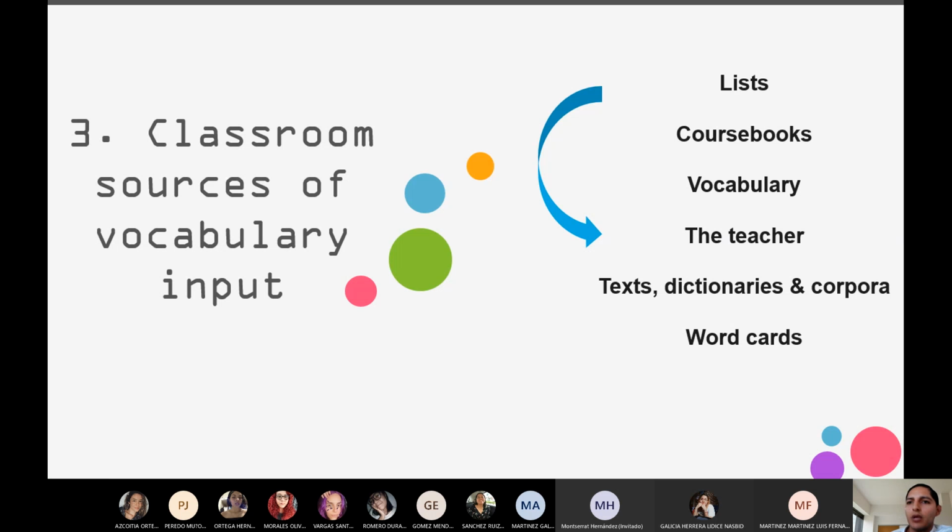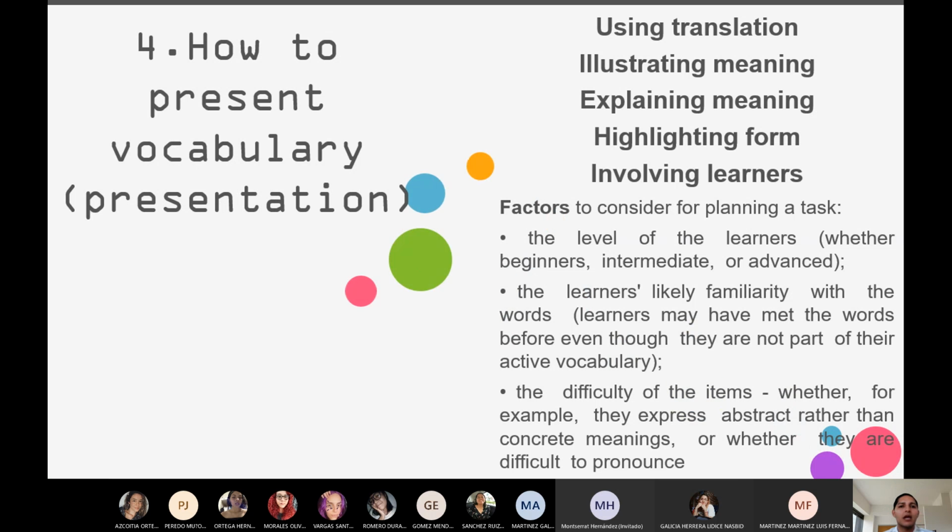Well, lists, vocabulary charts, flashcards, course books, vocabulary itself, texts, the teacher, the instructions, the intonation you got, the pronunciation you got, texts, dictionaries, corpus, that is, a compilation of texts for language learning, specifically for language learning, word cards, memory cards, pictures, pamphlets, etc. Lyrics.